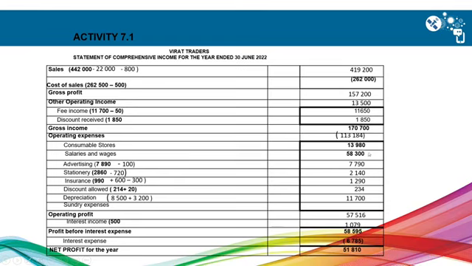The 95,434 I now deduct from my operating expenses. That in turn will give me my 17,750. Grade 10s, please, it's important to show your calculations.